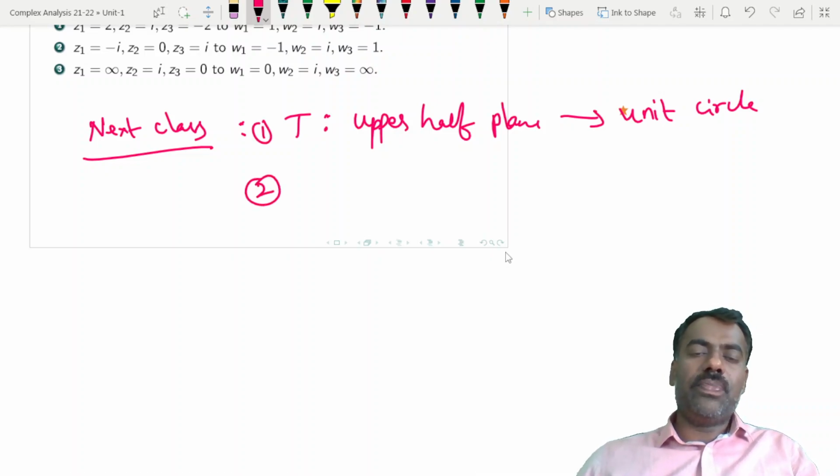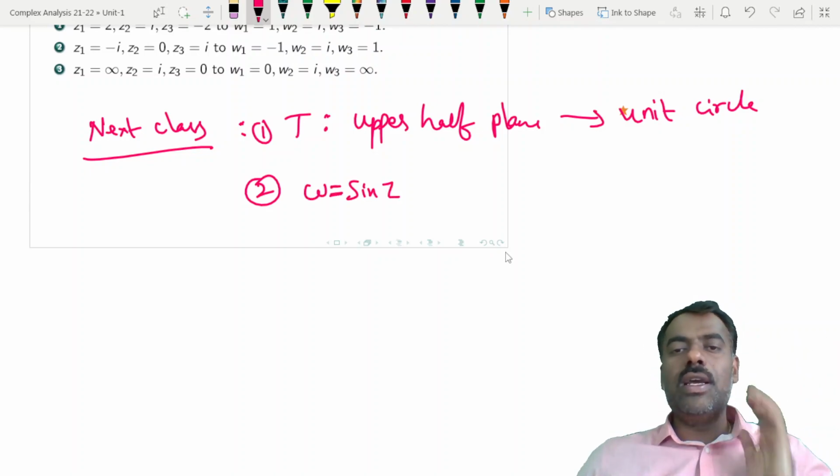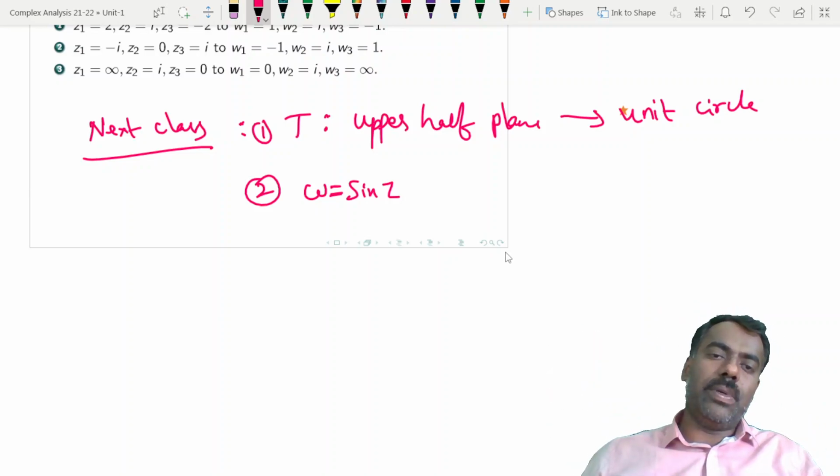And second, we'll talk about sine z, that means w equal to sine z: under this transformation, how any given curve maps.